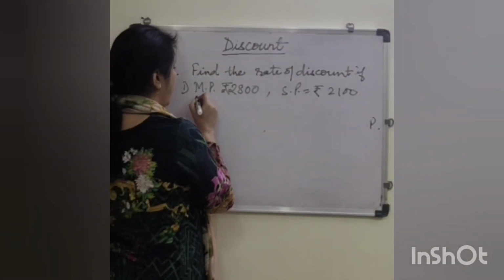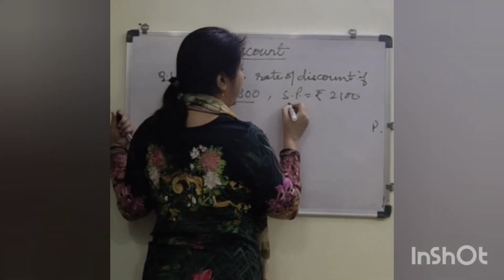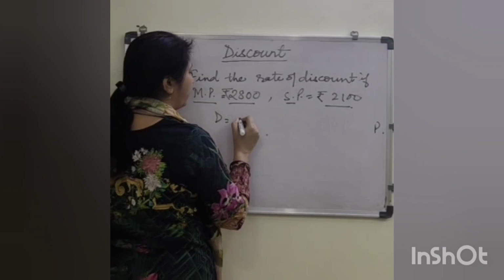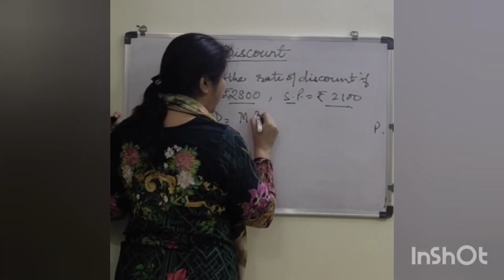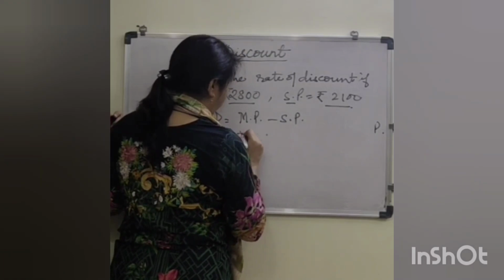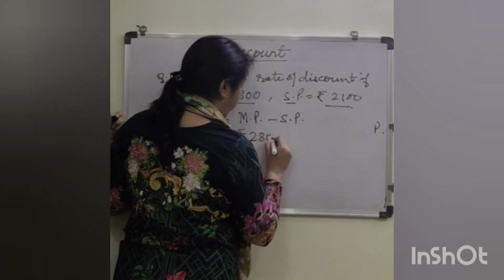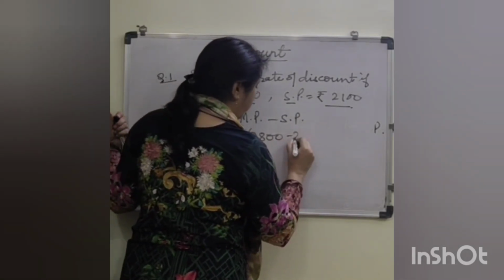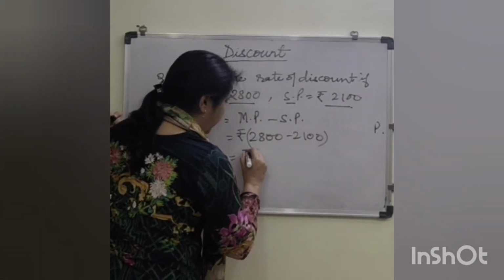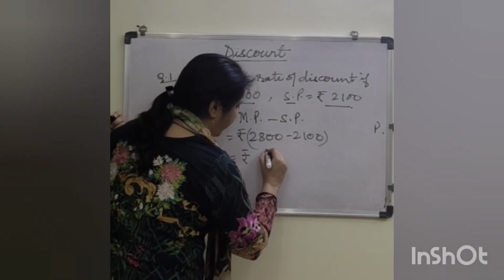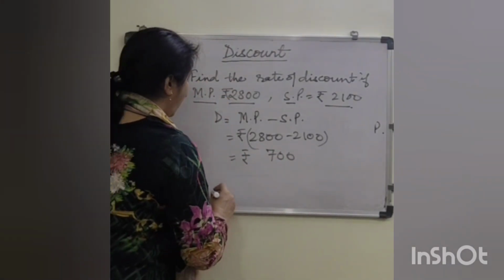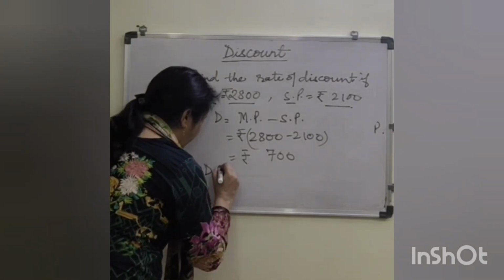Now you are given MP as 2800, SP as 2100. So first of all you calculate discount, which is equals to MP minus SP. MP is rupees 2800 minus 2100. So children, you will get 700. Discount is rupees 700. Now we want to express this discount as percentage.